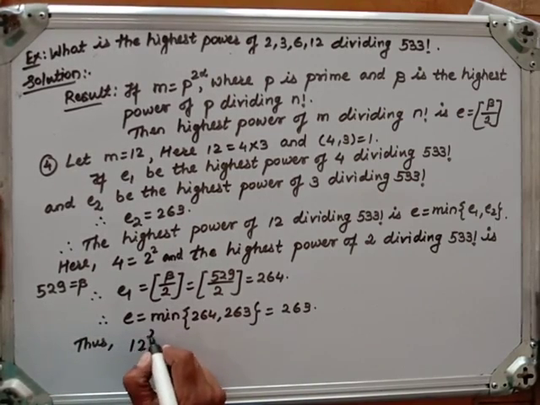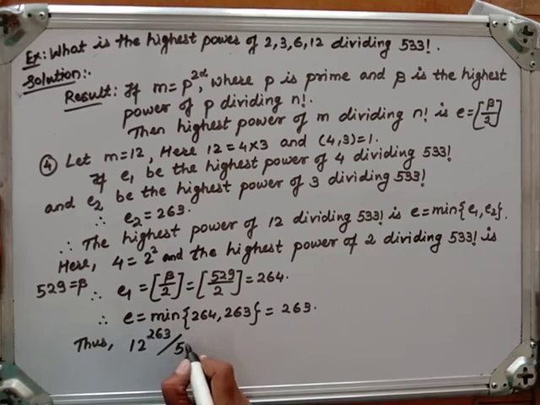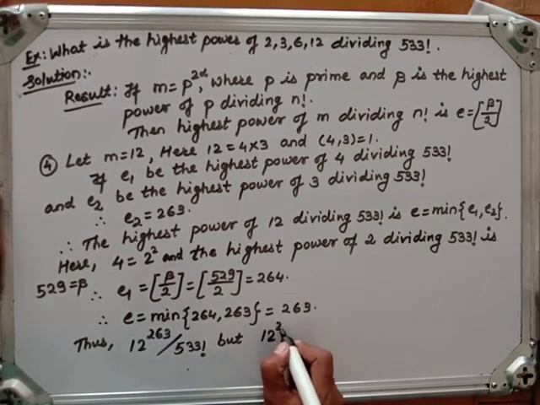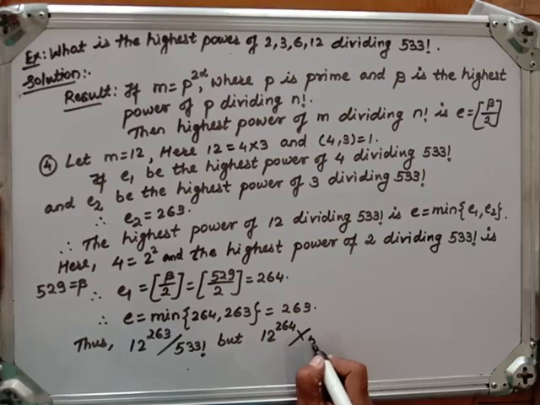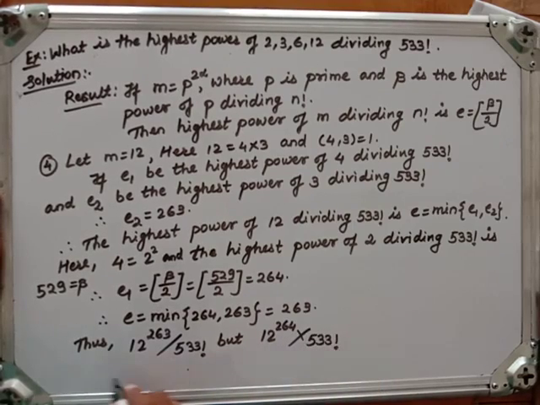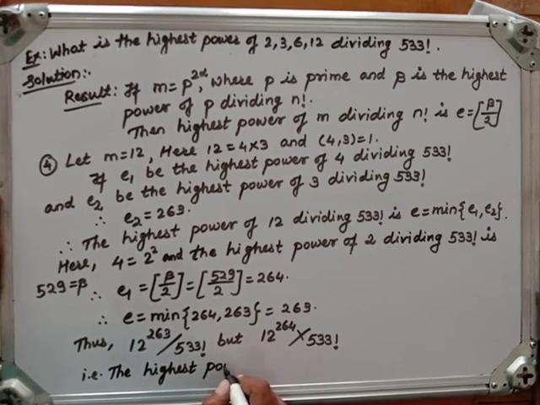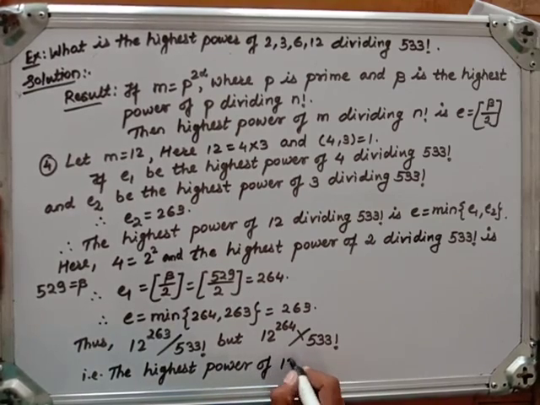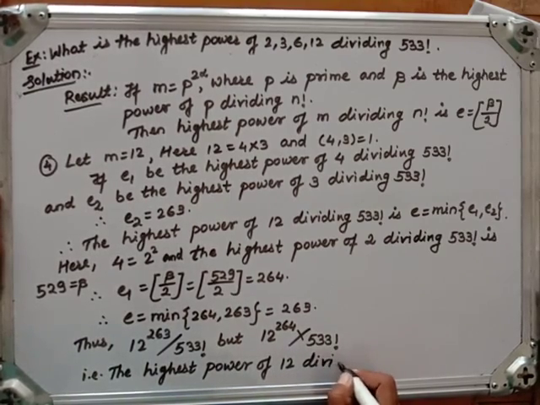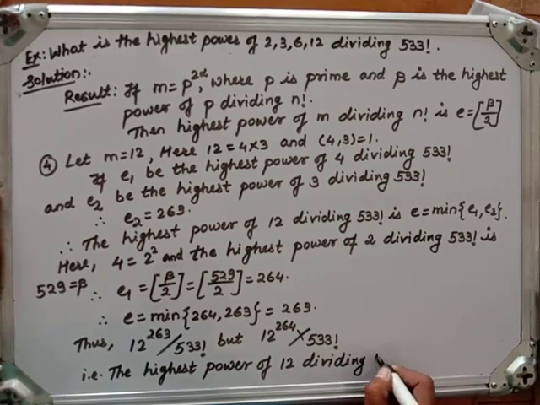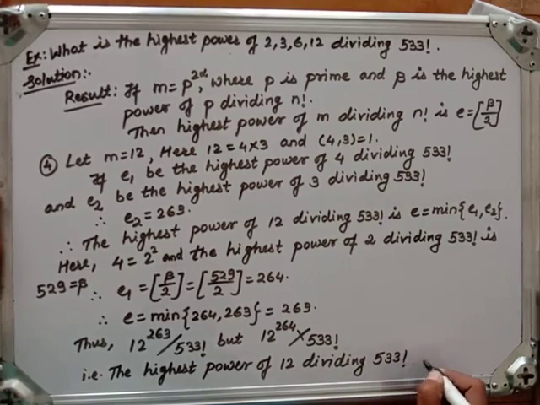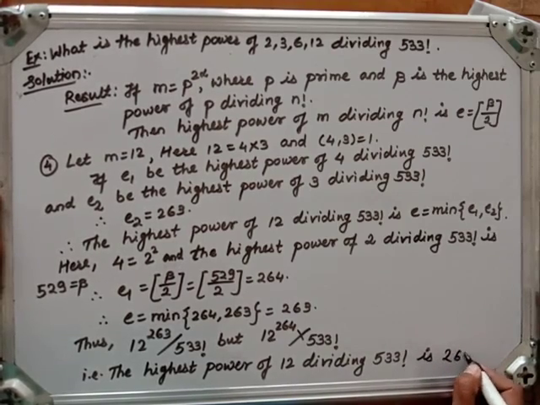Thus, 12 raised to 263 divides 533 factorial, but 12 raised to 264 doesn't divide 533 factorial. That is, the highest power of 12 dividing 533 factorial is 263.